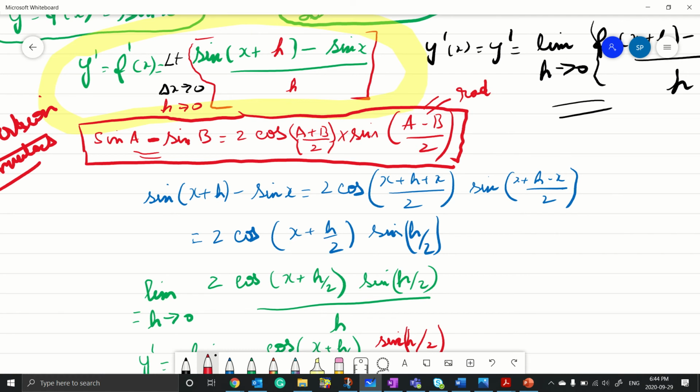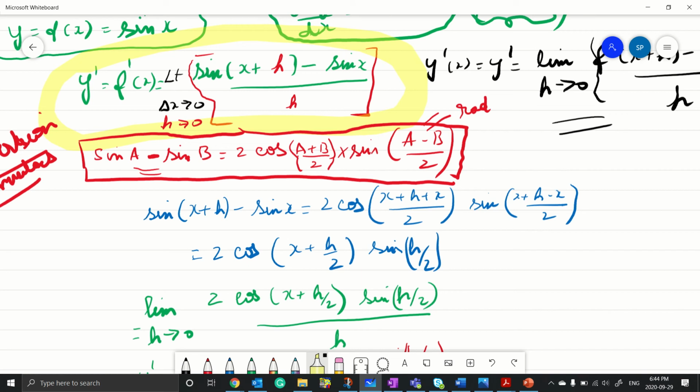Now I will apply that formula to my step shown here on the top, and when I apply that formula I get sin(x plus h) minus sin x is nothing but 2 cos of (x plus h plus x) by 2 sin of (x plus h minus x) by 2, because x plus h is a and x, the second function, is b.